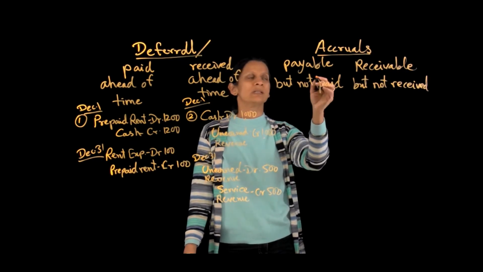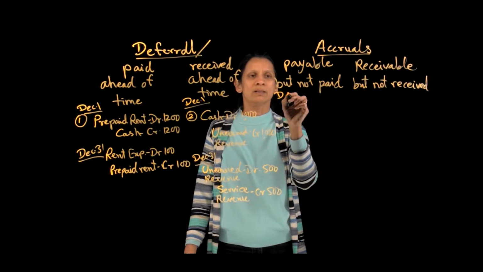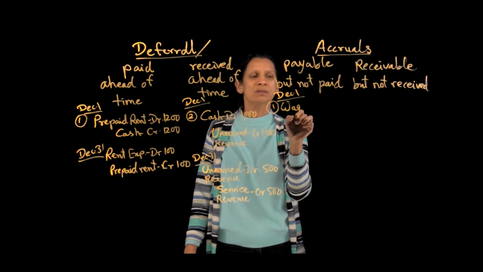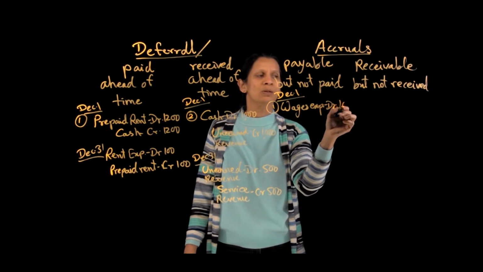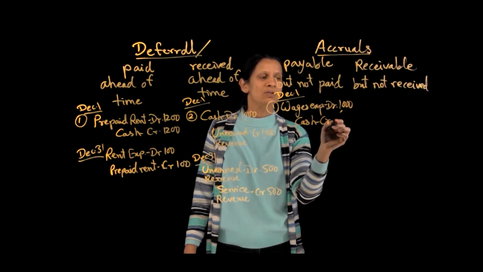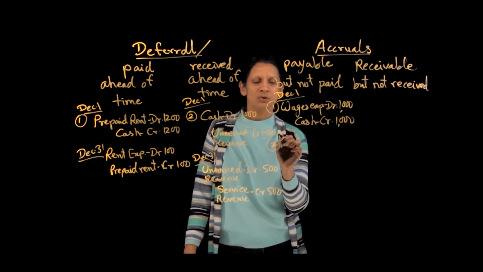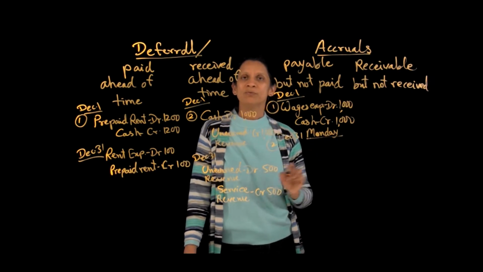Now let's go for the third category, payable but not paid. Suppose on December 1st you paid the wages to your workers. Wages being your expenses, you debited the wages. Suppose you have paid $1,000. Again, suppose it is a cash transaction, so you will credit the cash. Now when December 31st comes, you realize, okay, December 31st, this time it is a Monday and I'm going to pay the workers on Friday.